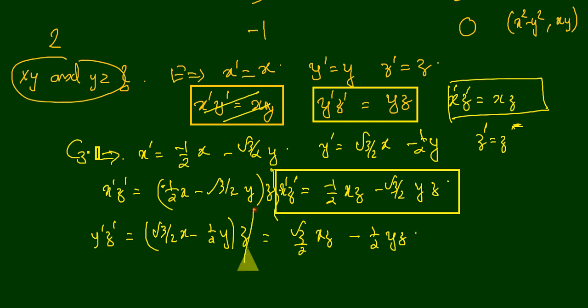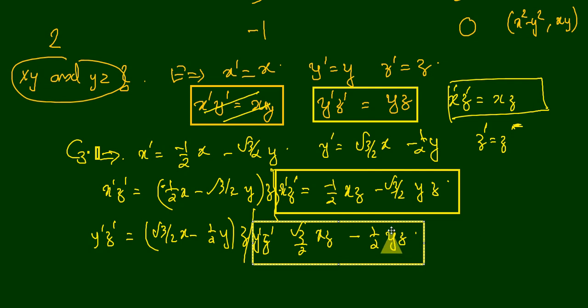So y dash z dash is equal to this one. Let me put that in another box. From these two equations we can understand that xz and yz transform together.